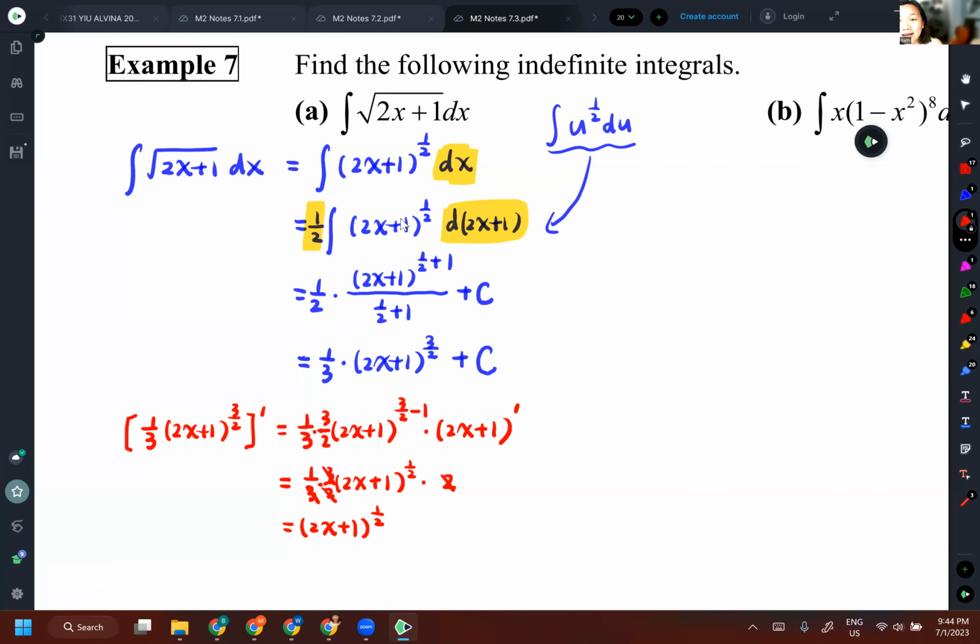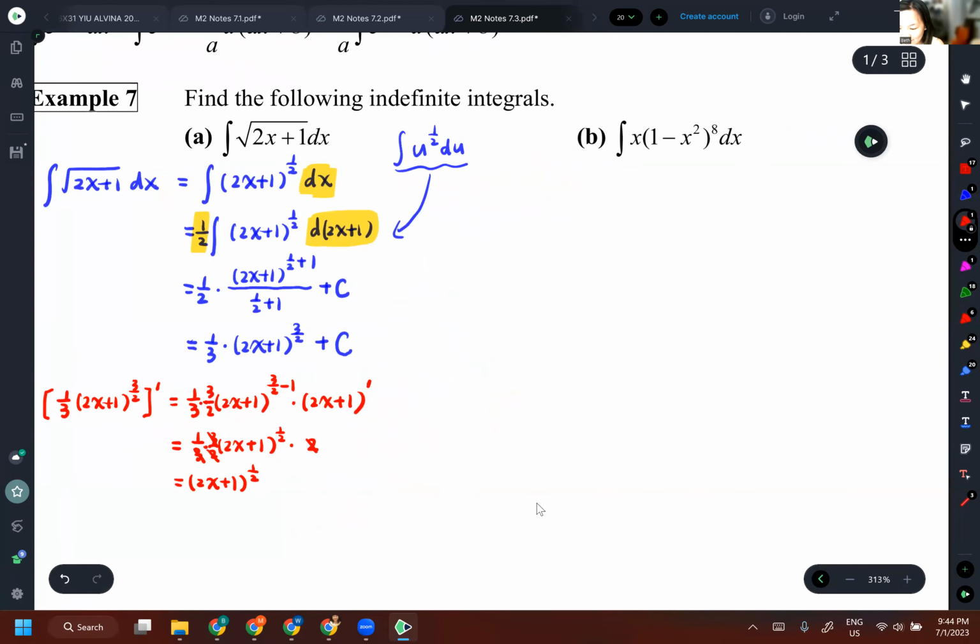Okay, at least I can check the outcome is correct. Is that fine?